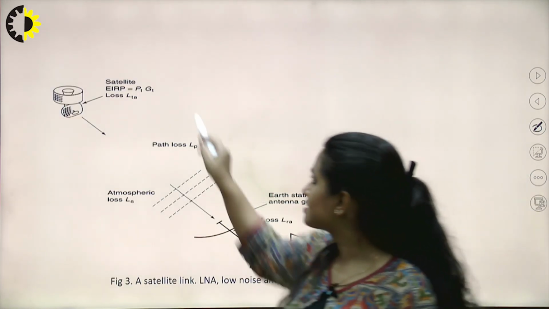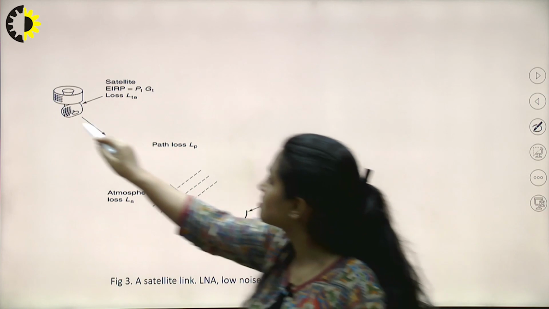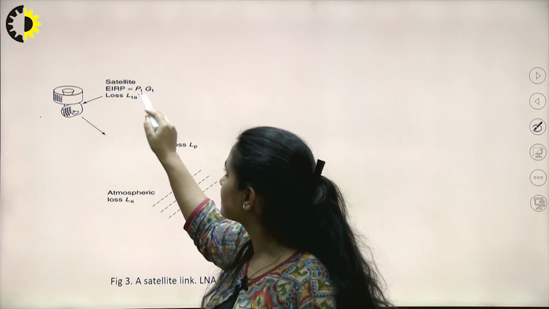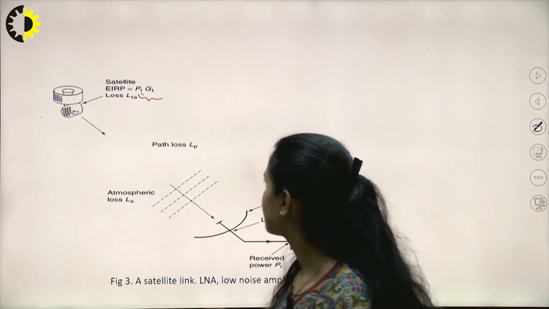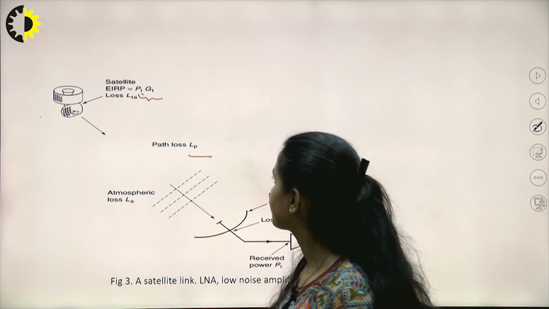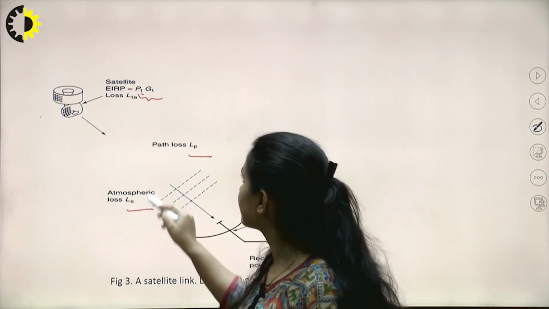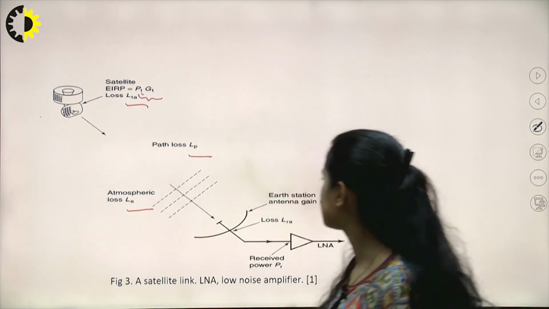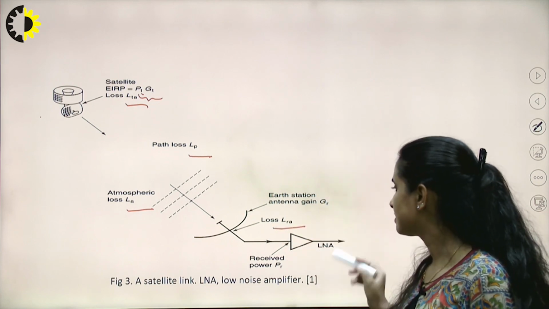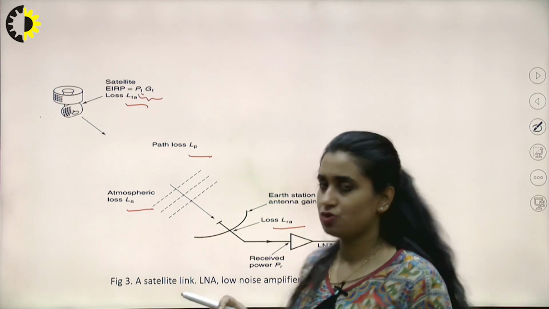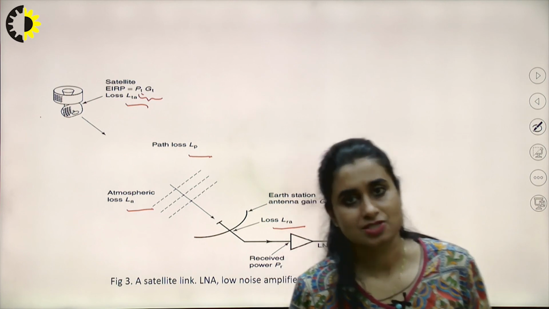So this system shows my transmission. For the transmitting antenna PTGT, path loss is LP, right? This atmospheric loss, these are transmission loss, the receiving loss, right? So this picture shows me the complete link budget, right?